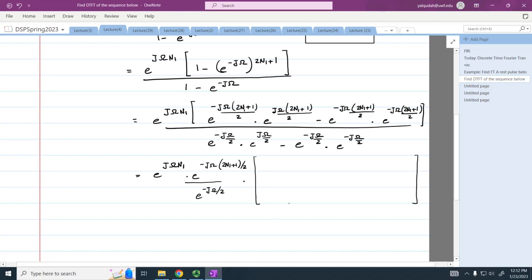What I'm going to be left with is e to j omega 2n1 plus 1 over 2 minus e to negative j omega 2n1 plus 1 over 2. And in the denominator, I'm going to get e to j omega over 2 minus e to negative j omega over 2. Any objection?